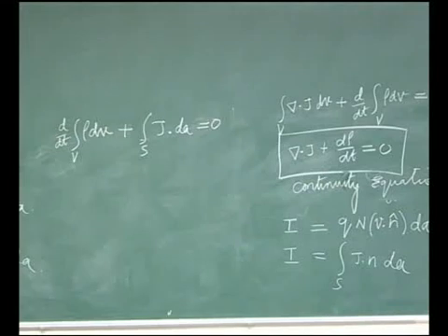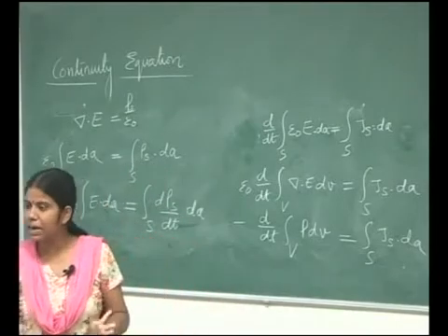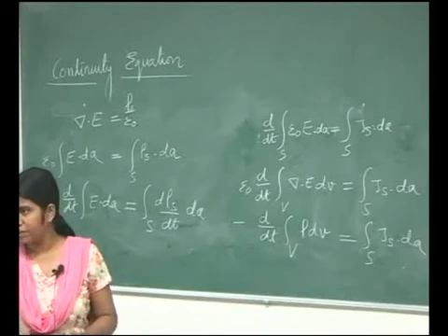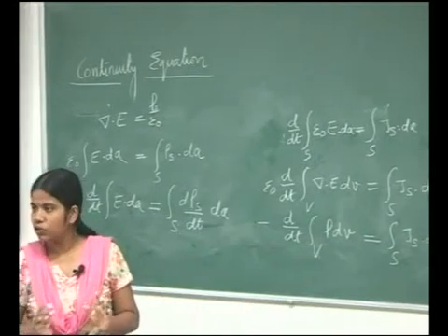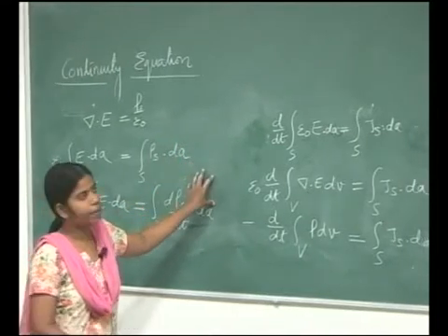And this equation precisely tells me the same thing, but it is written differently, and you can see that it is entirely derived from Gauss law. We have not used anything else. So, it means this continuity equation is inbuilt in the Gauss law. And what does it say?